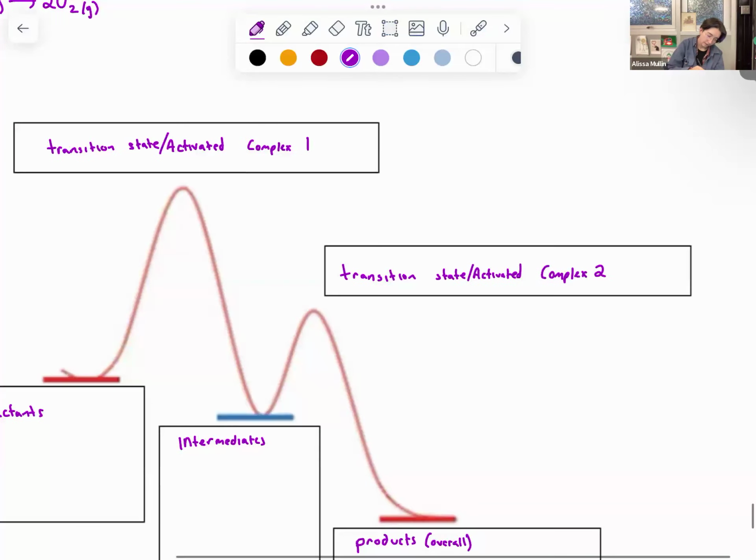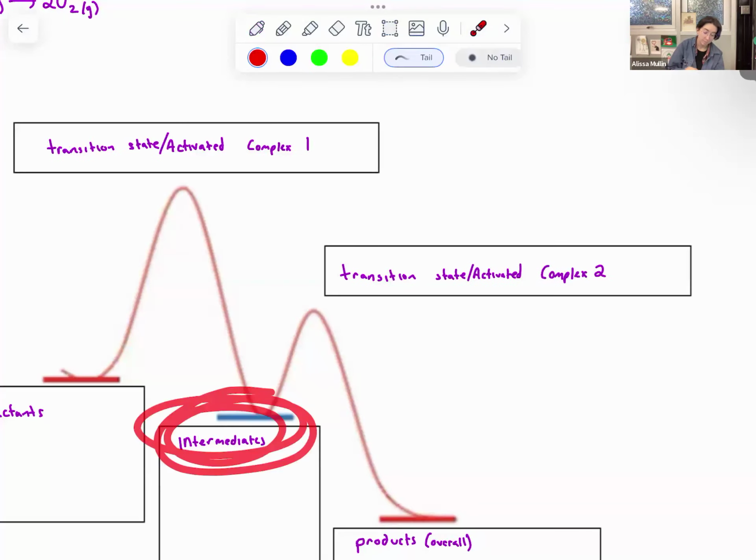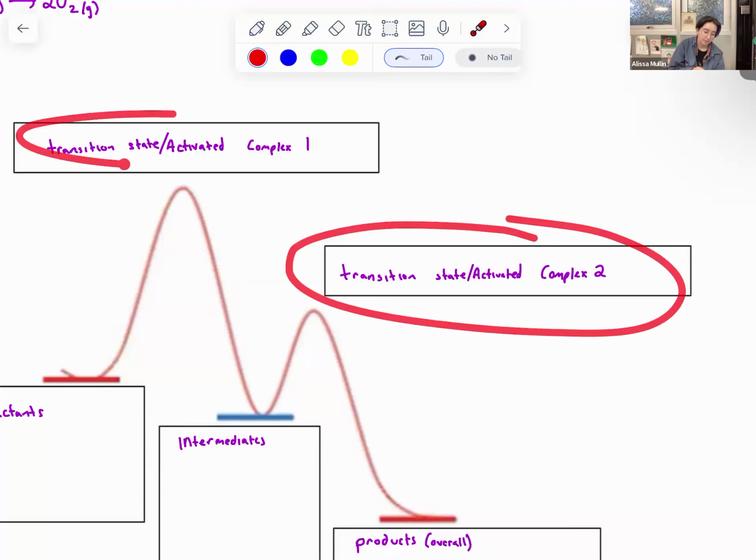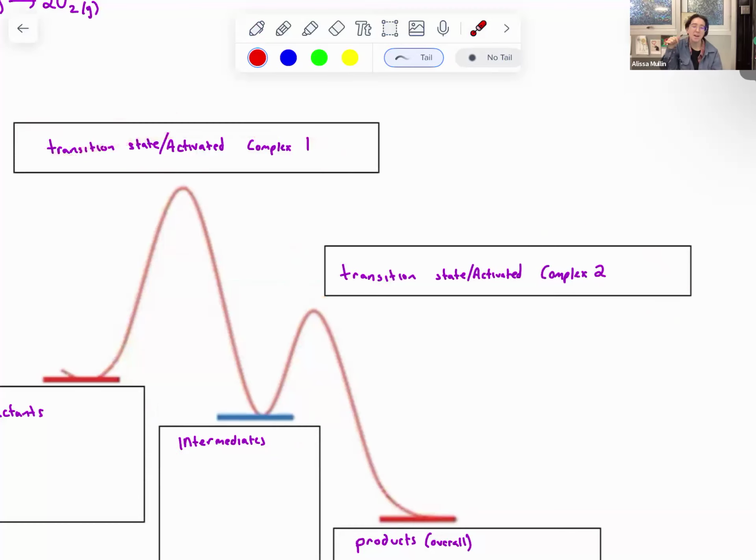So this is the intermediate, the thing we have created and are then going to immediately consume. These tops of the hills represent a temporary place where bonds have started to break and start to form, but have not quite done so.